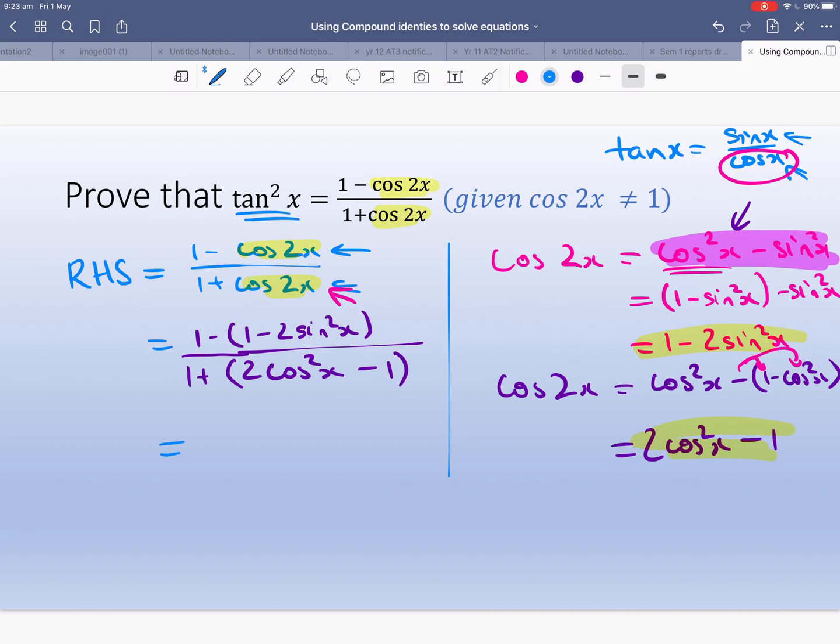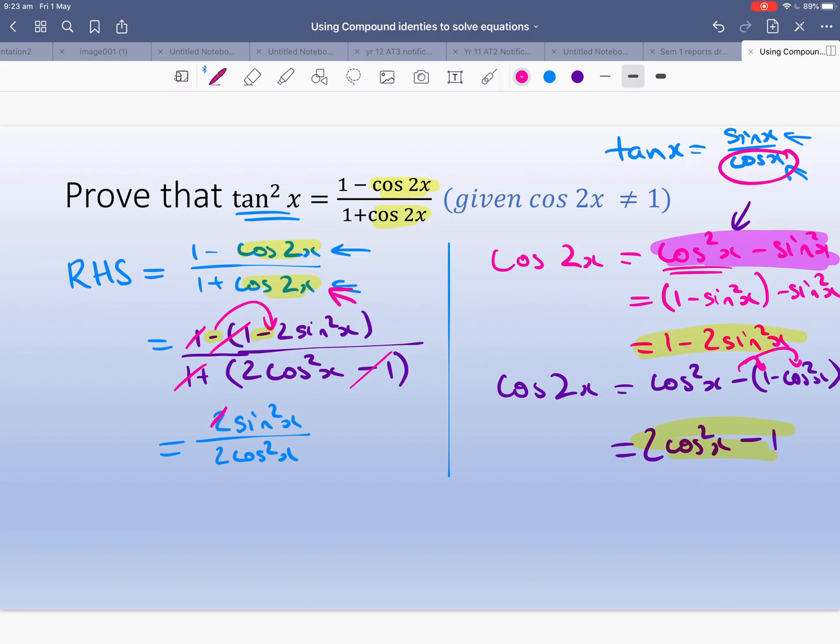Now, I'm going to rearrange a few things. 1 minus 1 will cancel that out. The double negative there is going to make it positive. So let's do that. 2 sine squared x over. Now we have a similar situation here. 1 minus 1. So we're left with just 2 cos squared x.